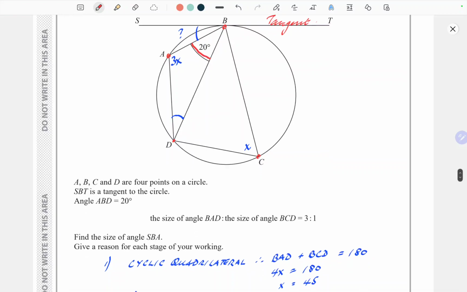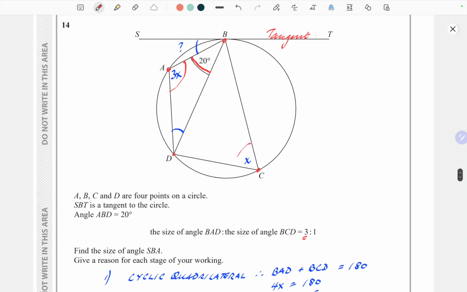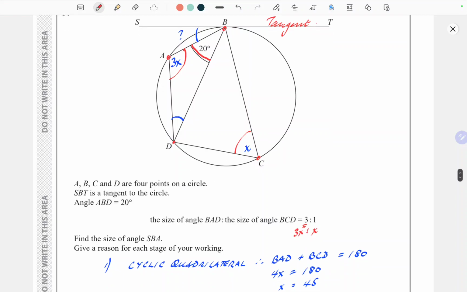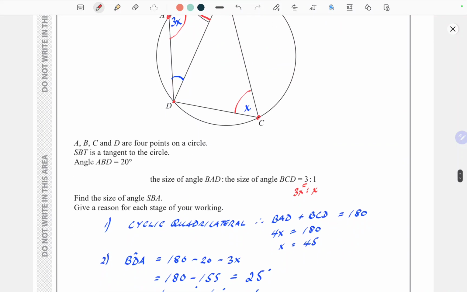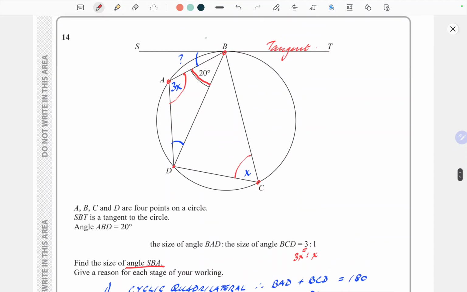They're saying the size of BAD, so that one there, is 3 times the size of BCD, which is there. So all I've done is labeled this one x, therefore that one must be 3x, as I've put in the diagram itself. Now the rule, by the way, we want to find angle SBA, this one here, that's the one that we're after.